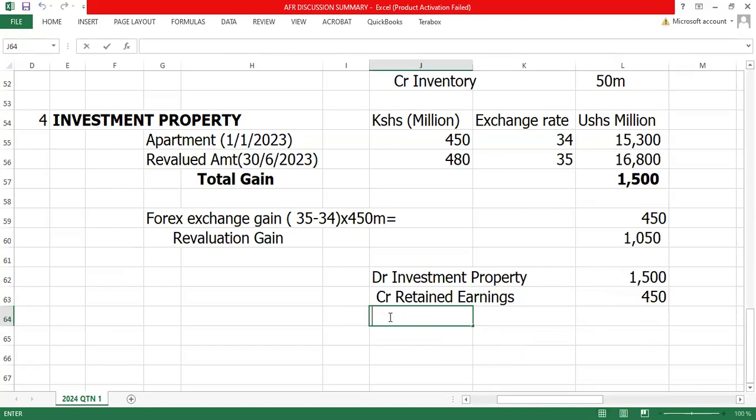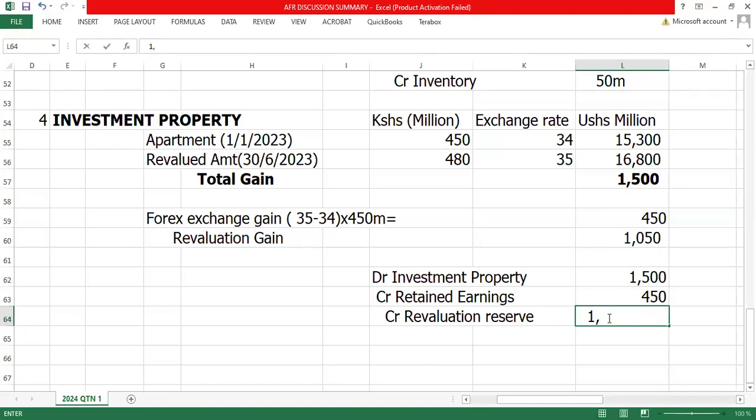Then what else? You credit the revaluation reserve, because that revaluation will go to the revaluation reserve. So the revaluation reserve is 1,050. Perfect.